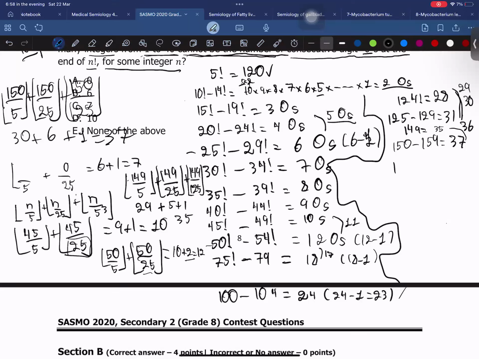So can we find the next one? Okay, if we want to find the next, it's going to be 175 till 179. What if we do 175 over 5 plus 175 over 25, something like that, plus 175 over 125.